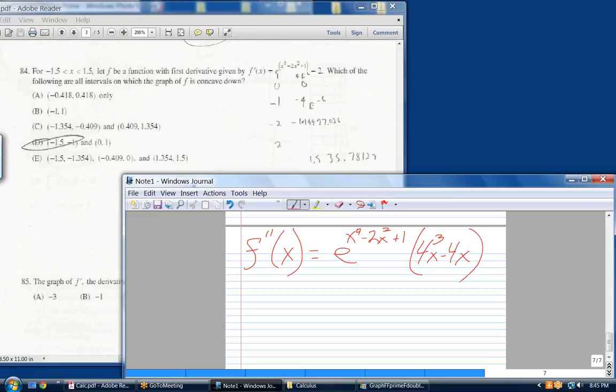And we want to know on what intervals that is negative. So where is this function less than 0? We're going to set the second derivative less than 0, which would mean that the original function was concave down on that entire interval.